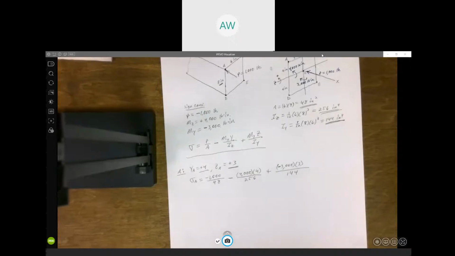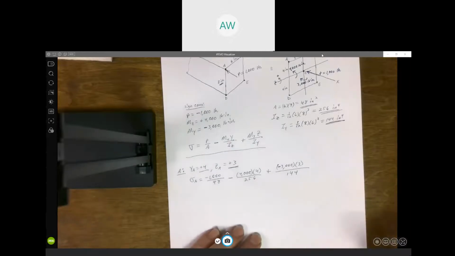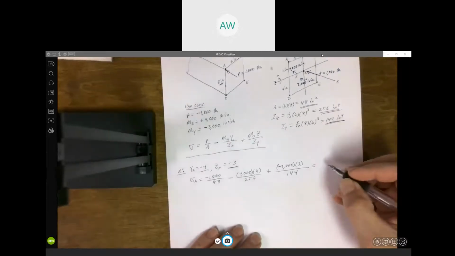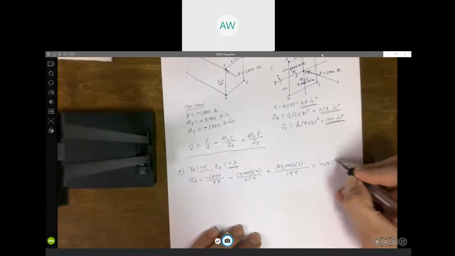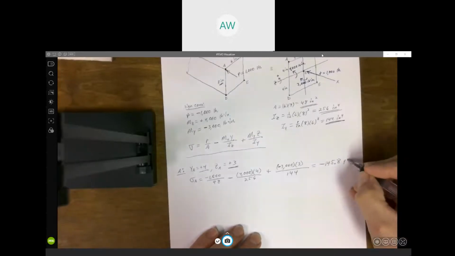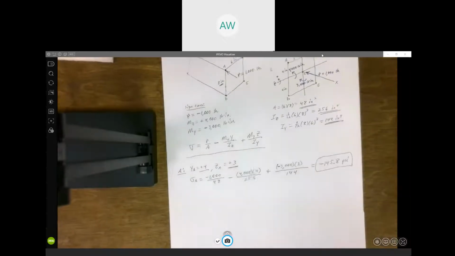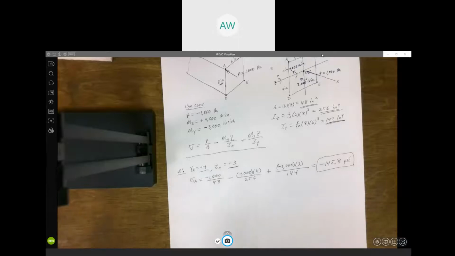And that will tell me the stress at A. If it comes out positive, that means the combined loading is causing tension at A. If it comes out negative, it means the combined loading is causing compression at A. And if I push the right numbers in my calculator, I got a negative 145, let's say 0.8. This would be PSI. So point A is in compression due to that combined loading. All right, any question about what we did to get the normal stress at point A?